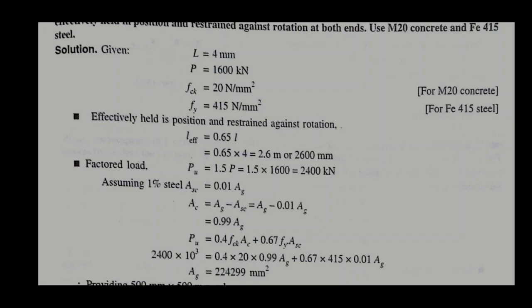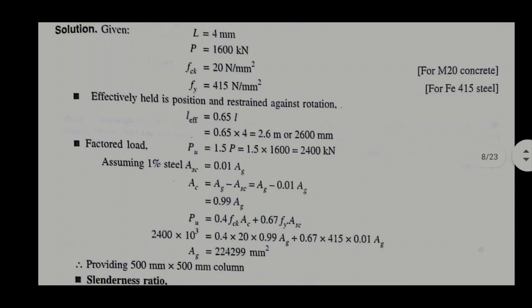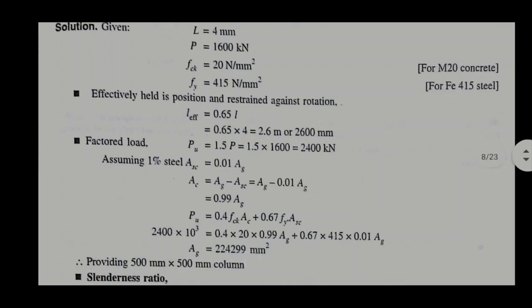So Ag, gross area, is equal to this value, 224299 mm square. So we can provide a 500 mm by 500 mm column, right. So we have provided this depending upon the gross area.